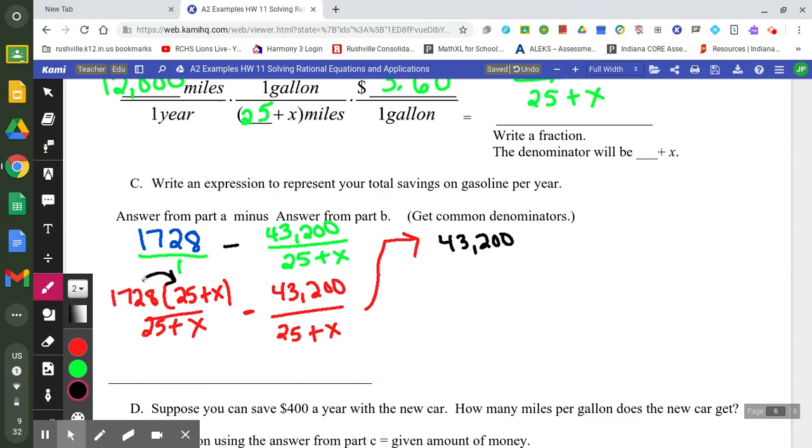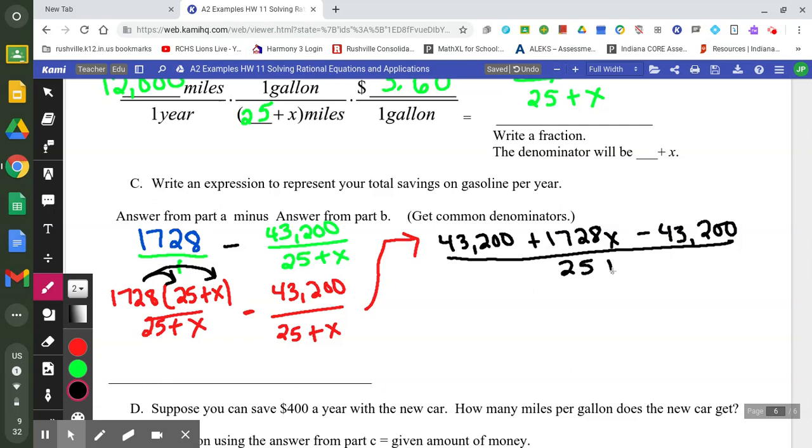And then I've got 1,728 times X, and that gives me plus 1,728X minus the 43,200, and all of that is over my 25 plus X. Well, you can see that 43,200 minus 43,200 goes away.